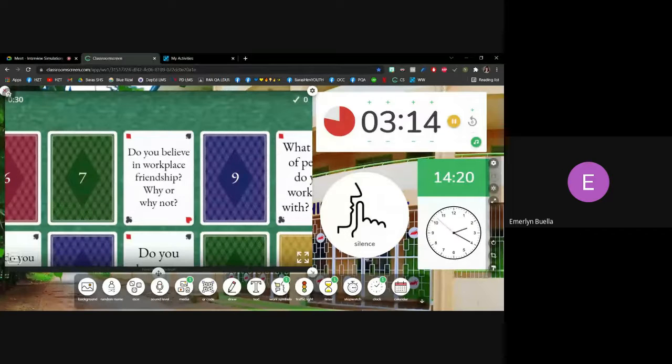So, magkakaroon ng misunderstanding or awkwardness kung wala kang magiging kaibigan man lang. So, importante po sa akin magkaroon ng kaibigan sa trabaho para hindi ka maging loner at maging smooth yung pagtatrabaho. Yun po para sa akin.